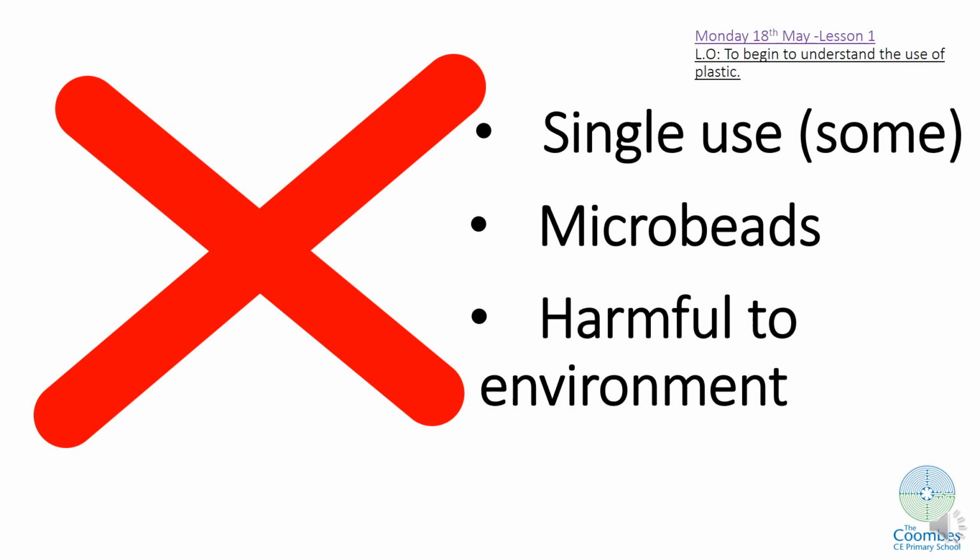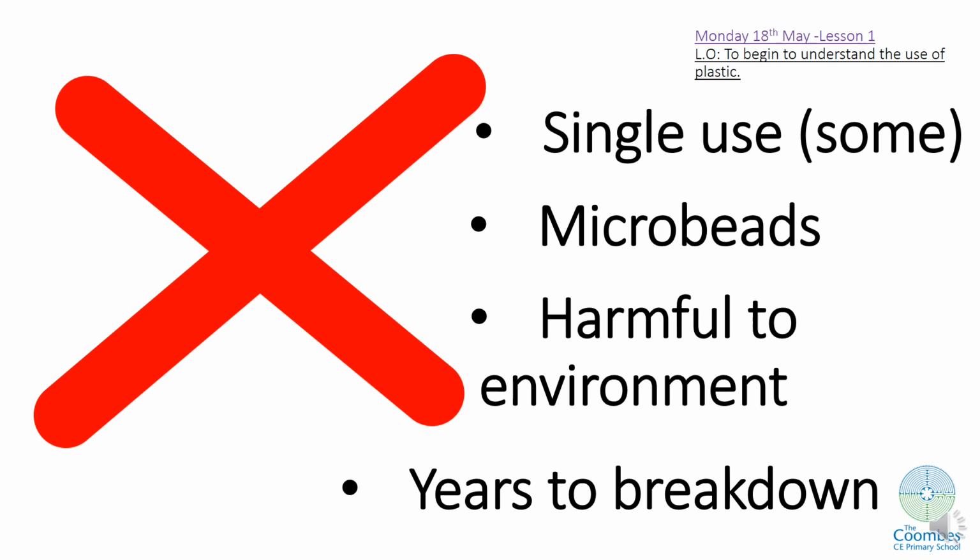But when plastic breaks down, because it is made of different chemicals, those chemicals are toxic and they will cause problems and harm to our environment. And that means that plants won't be able to grow and animals will have bad tummies, and it just is not very good. So it'll be poisonous.